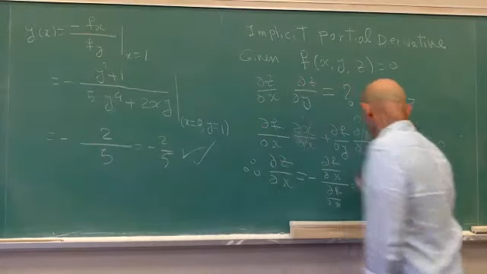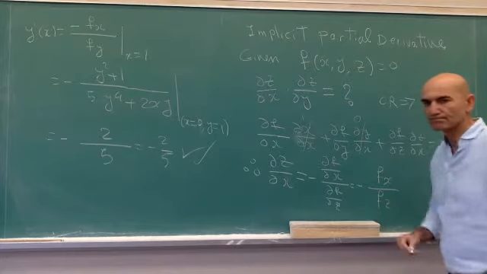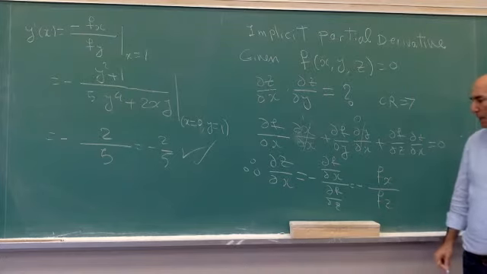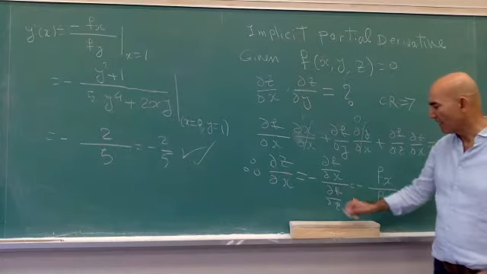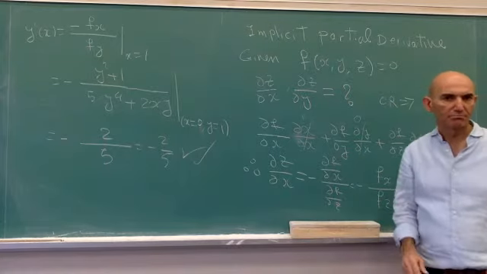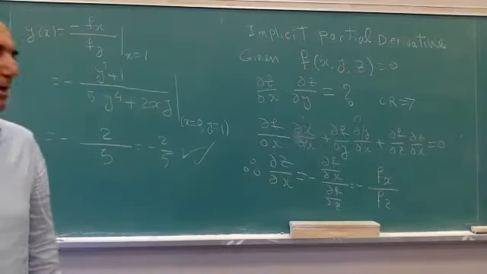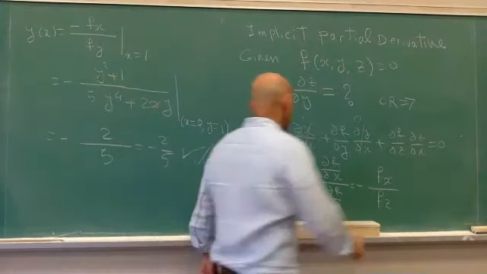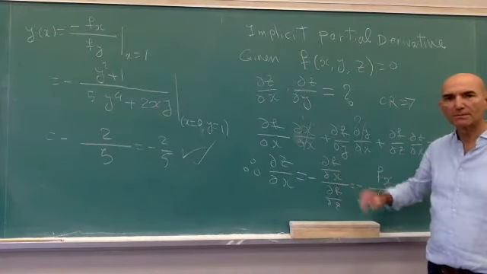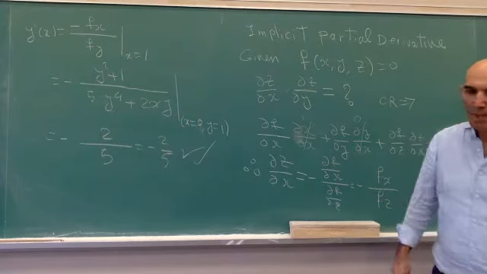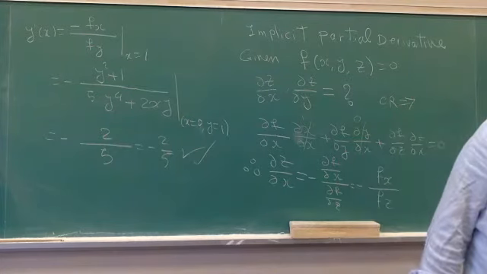So that's negative fx over fz. It also works at a very formal level. You can cancel df, and then this becomes dz dx. You can check you haven't made any blunders here by just canceling df's, and then you have dz dx using the rules of fractions.